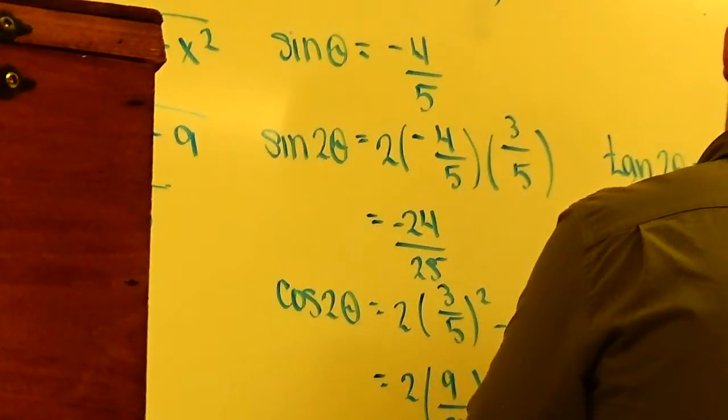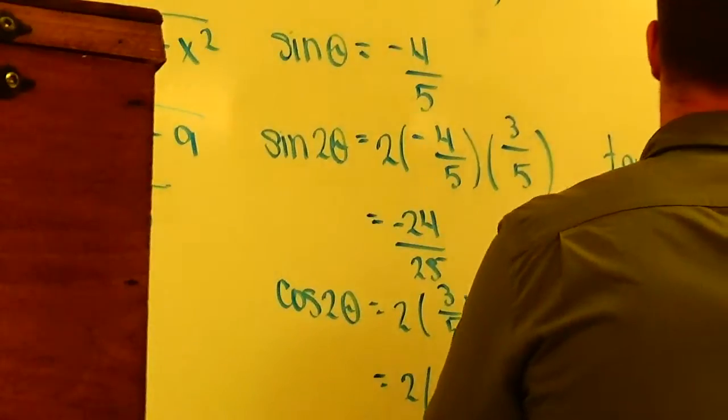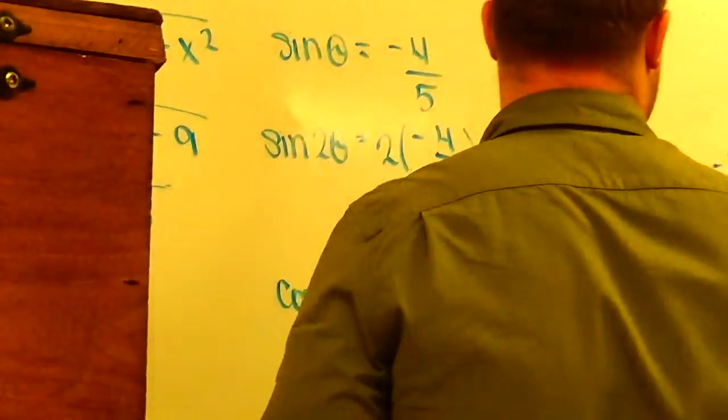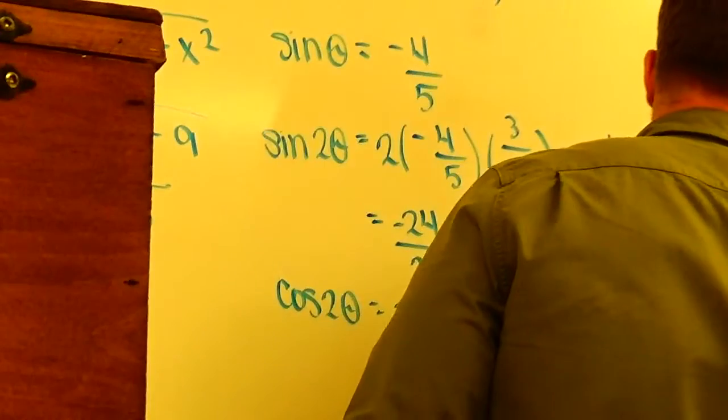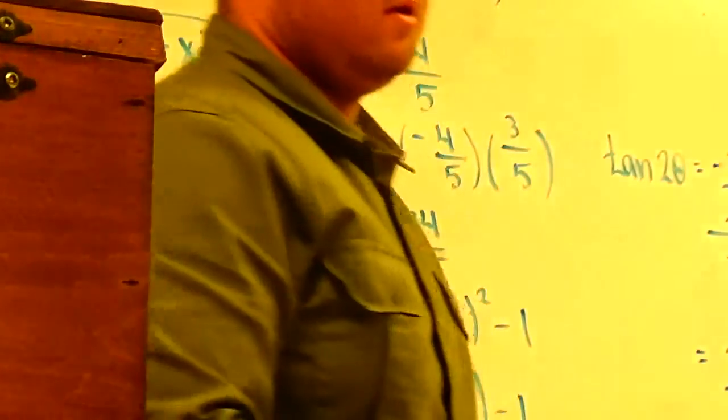So this is negative 25/7. The 25s cancel. A negative times a negative becomes positive 24/7. And there are our 3 answers.